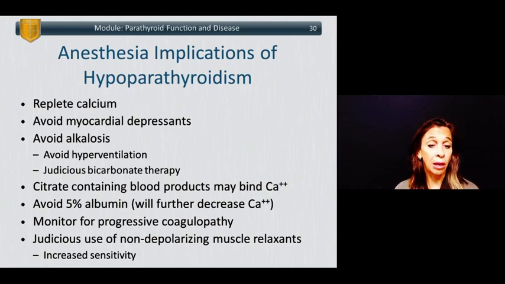Avoid 5% albumin, which will further decrease calcium levels. Monitor for progressive coagulopathy, which is also a complication of hypocalcemia. And use non-depolarizing muscle relaxants judiciously, because the patients may have increased sensitivity.